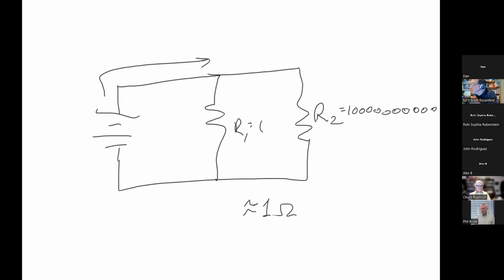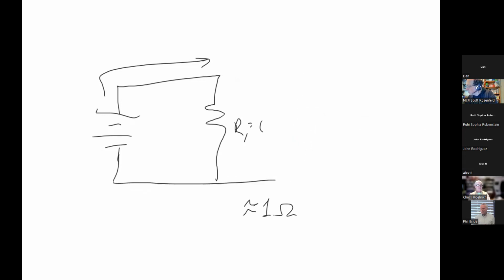For all intents and purposes, this resistance is so big that this is very similar to just drawing it like that. Let me draw it the right way. Call it infinity. That's an open circuit. It's like it's not even there. So the net result is that it becomes almost equivalent to an open circuit, which is an infinite resistance, which gives you a total circuit resistance of roughly 1 ohm.